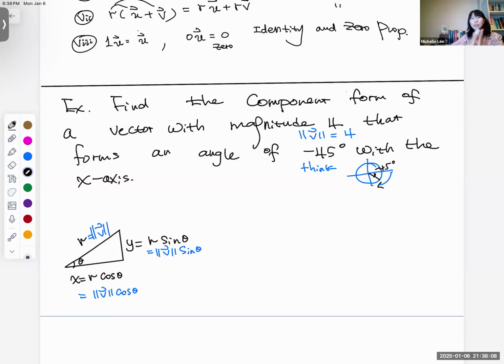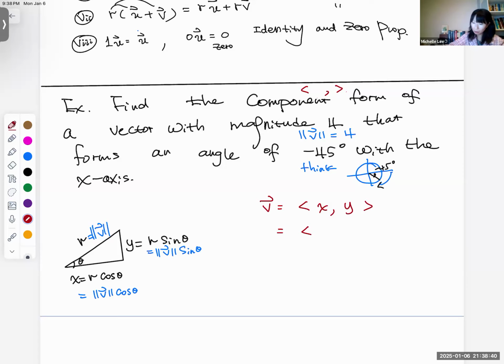Okay. Now, we want to express it in component form, so like the angle bracket form. We have a vector v, and we have to make an x, y form. Now, x we can express as r cosine theta, right?